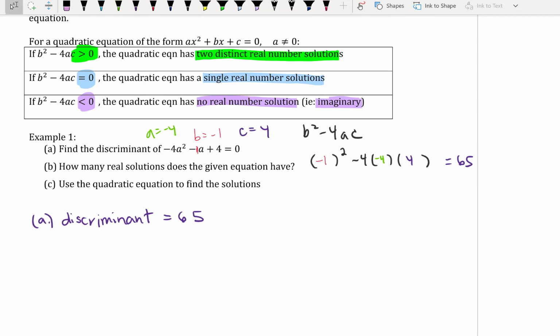This is a positive number, so it's greater than 0. So for part B, I'm looking at the first one, which means that it has two distinct real number solutions.